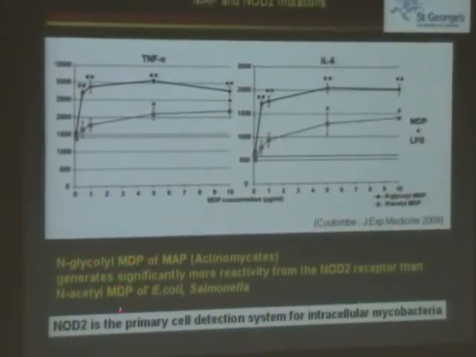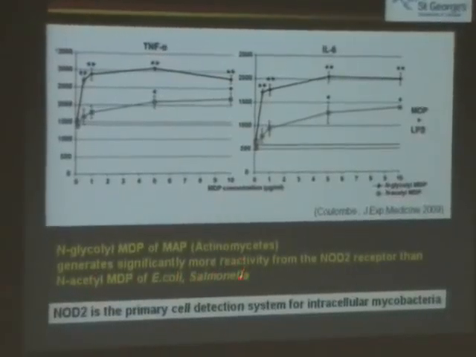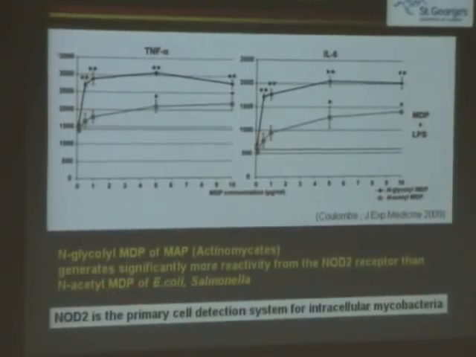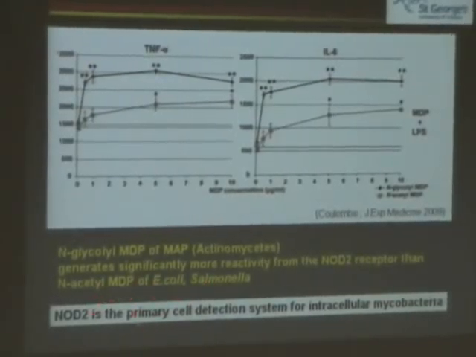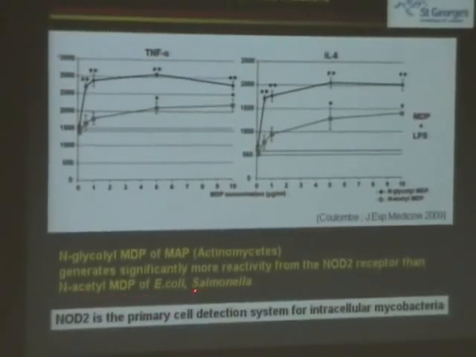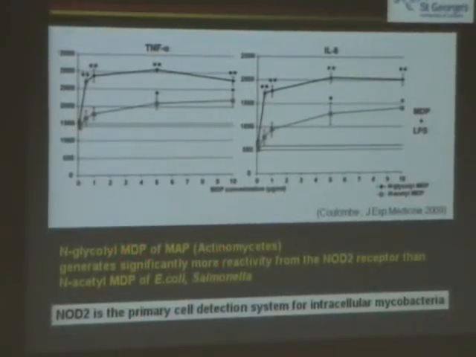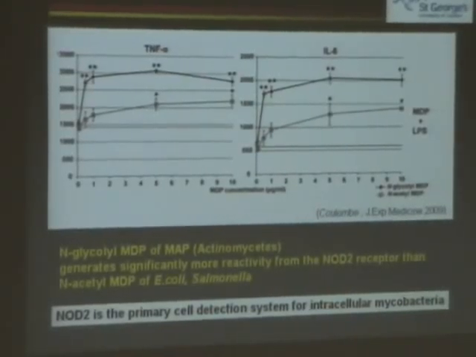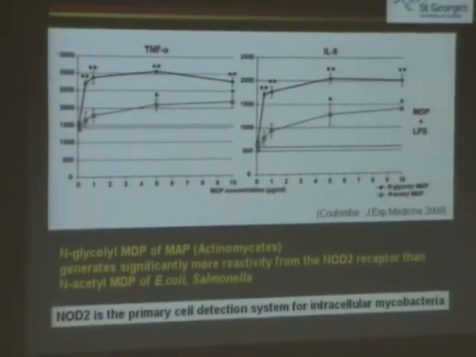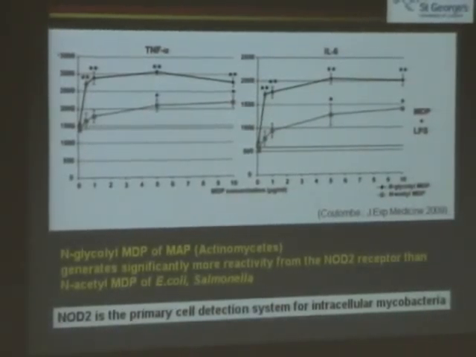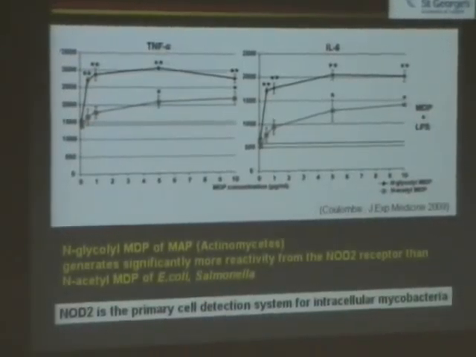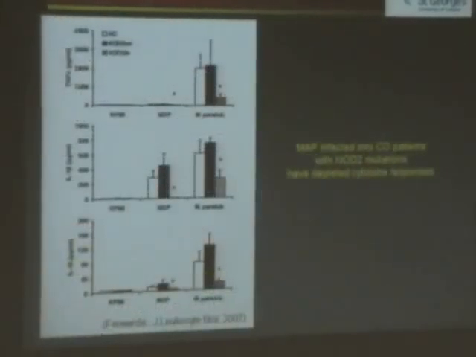They've shown that the actinomyces, including MAP, are significantly more reactive to the NOD2 receptor than E. coli or Salmonella. The peptidoglycan of those works a little bit, but MAP works 25 to 100 times better. So the inference is that NOD is the primary human detection system for intracellular mycobacteria, and therefore it implicates MAP in Crohn's disease.